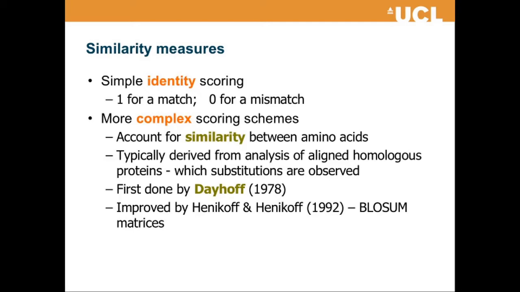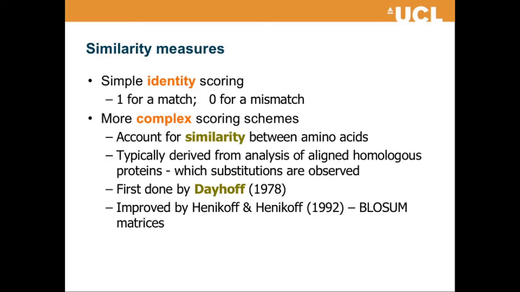On that basis, we can create some sort of matrix to score the similarity between any pair of amino acids. And this is typically derived from analysis of aligned homologous proteins, and we see what substitutions are observed.